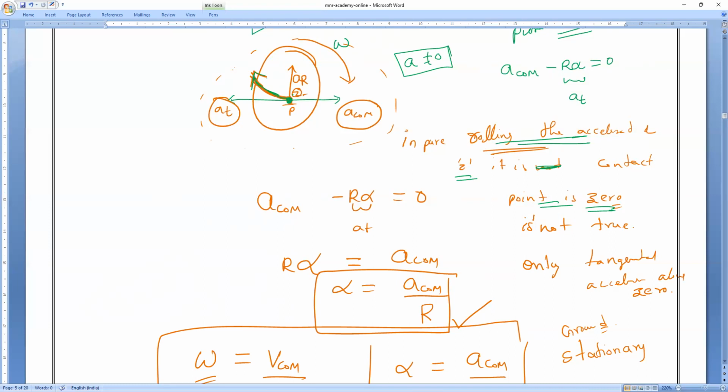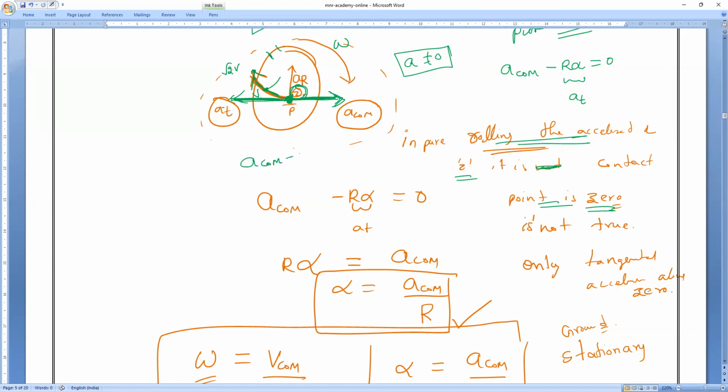So there will be a change in velocity, because velocity is not constant. Here, if it comes to here, we have studied root 2. If it goes here, some other value. So the velocity changes, but the tangential acceleration is 0. At the point, the acceleration is not 0, but the tangential acceleration with respect to ground is 0.